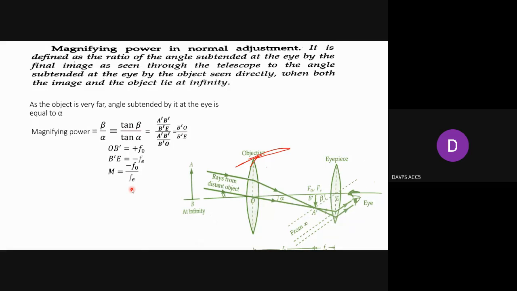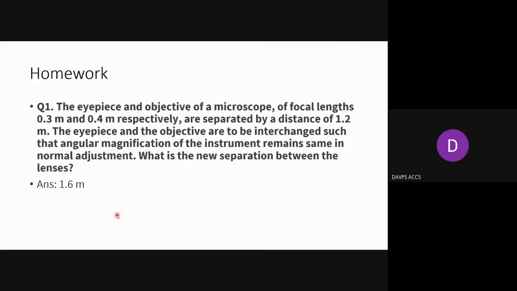Sometimes it comes in 3 marks form also, where you may draw the normal vision case, showing how the image is formed in normal vision. This diagram must be coming, and you can get the magnification equal to minus F naught by Fe. Clear?